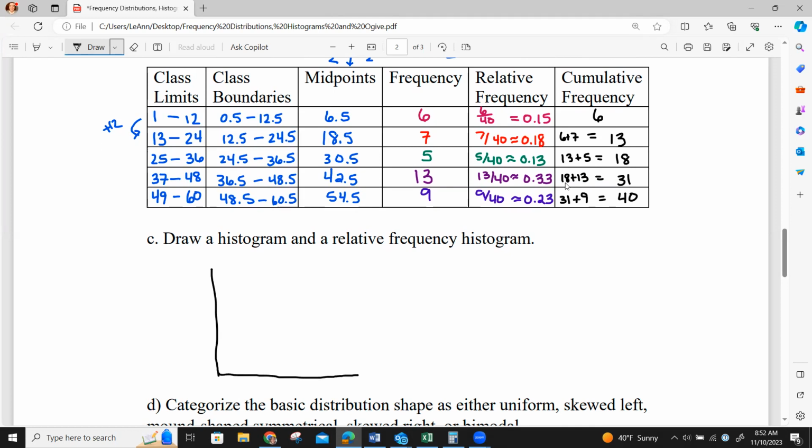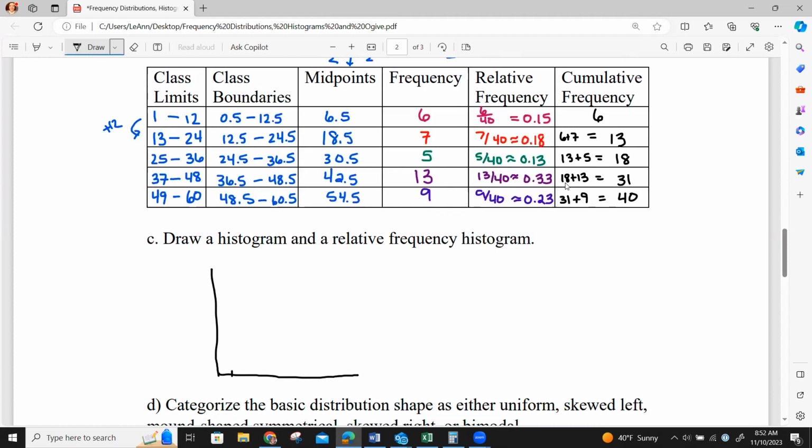We're going to label the bottom with our class boundaries because in a histogram, remember, we don't want those bars to be gapped between them. So if we just went from 1 to 12 and then 13 to 24, there'd be a 1 unit gap in between. So that's why we use those class boundaries.